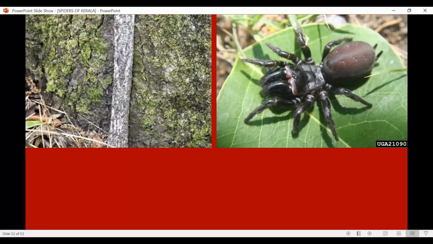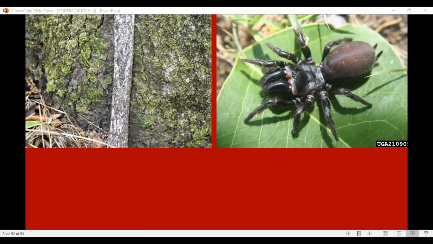It's a very primitive spider, more primitive than our theraphosids, and they belong to the family Atypidae. One interesting thing about the Atypidae is that in some areas of Europe, especially in the Carpathian mountains, people use this Atypus web as an anticoagulant.